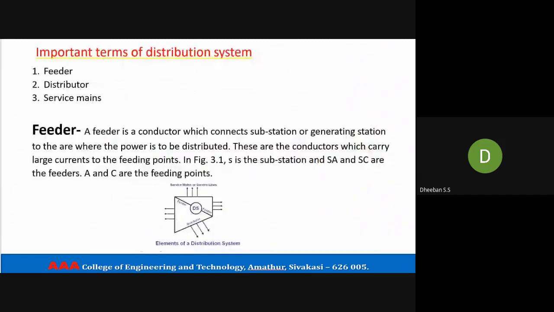Next, moving on to the three main parts: feeder, distributor, service main. We will be seeing about this, starting with the feeder. So what is a feeder?